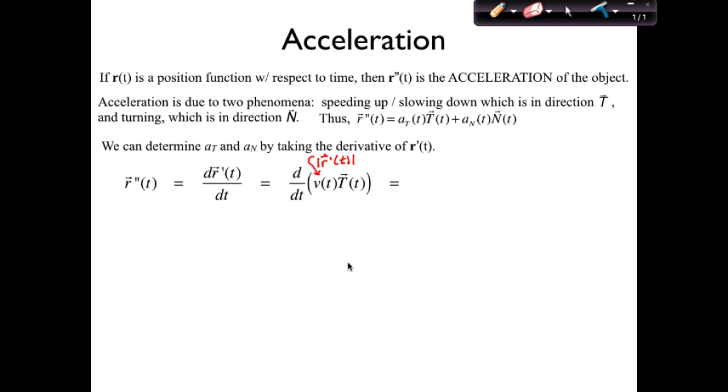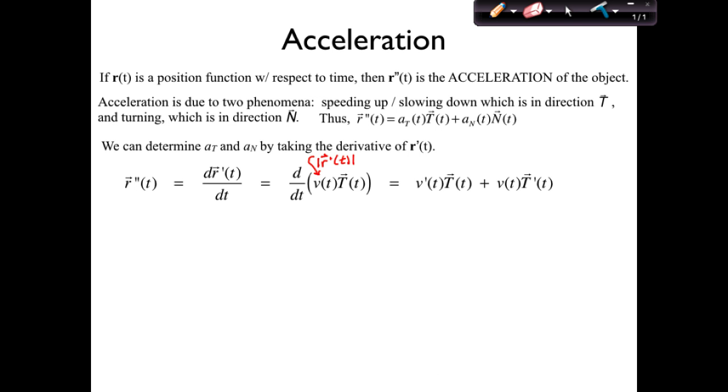We're going to need the product rule. So we're going to do the product rule. And what will we get when we do the product rule? We're going to have v prime times T plus v times T prime. So this is how we get started, taking this acceleration function and changing it around.